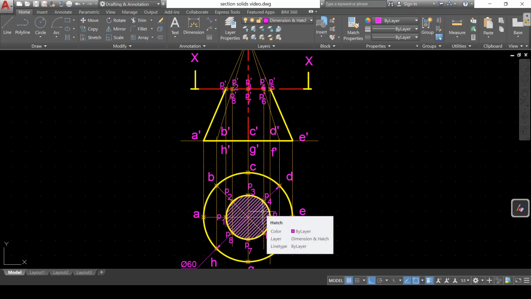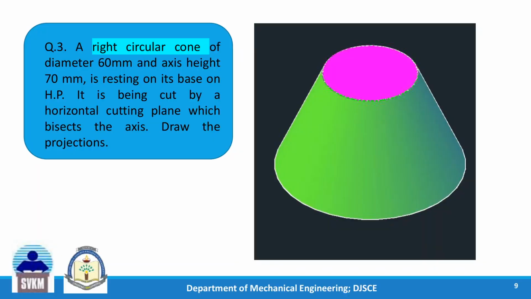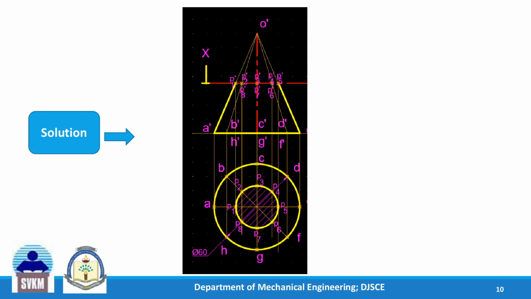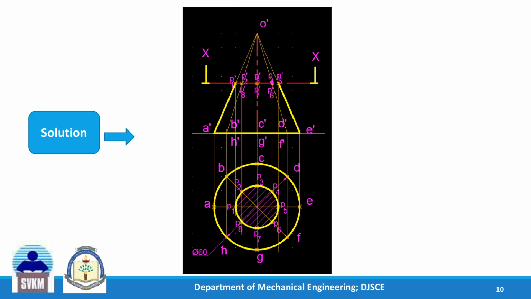So this is the true shape, which is again a circle. So this is the solution now.